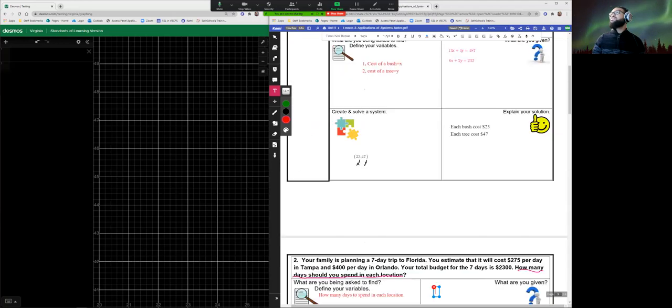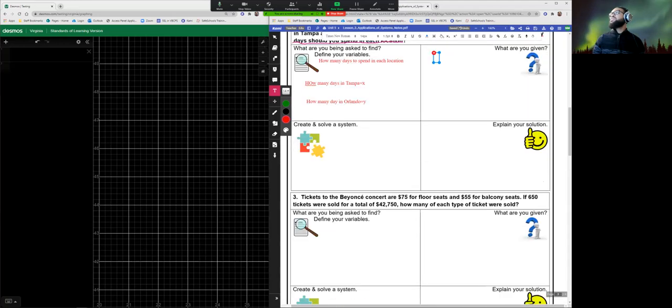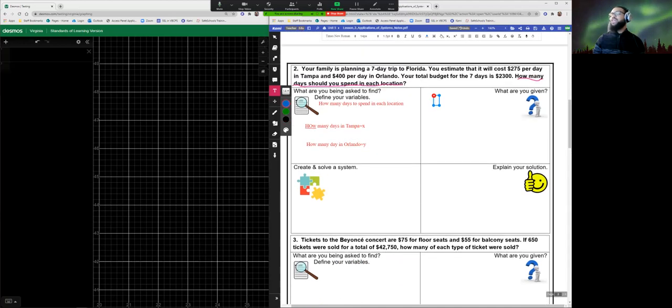Our next step, what color was that? That was blue. Our next step is going to be to assign everything. So we're going on a 7-day trip, so we're going to have a trip for 7 days.